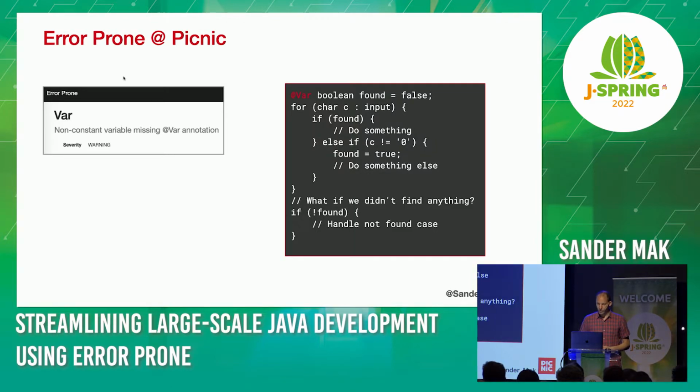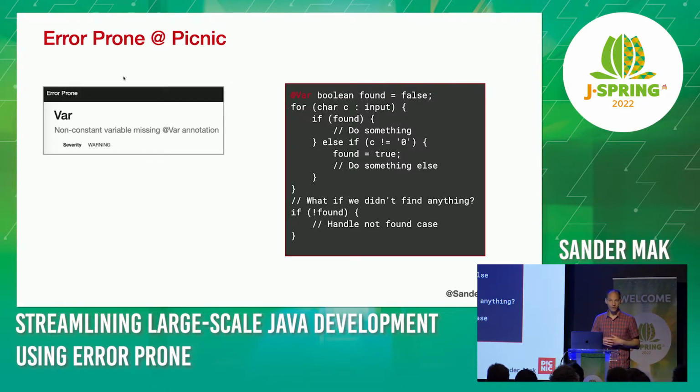So what you can do with error-prone is flip it around and say, okay, by enabling this var check, you assume that every local variable and every parameter in your codebase is final. But if you do want to reassign to this variable, you can, but only if you annotate it with @Var. And that's what we use. We do have a few places in our code bases where you see this @Var annotation, and you think, well, why is it there?